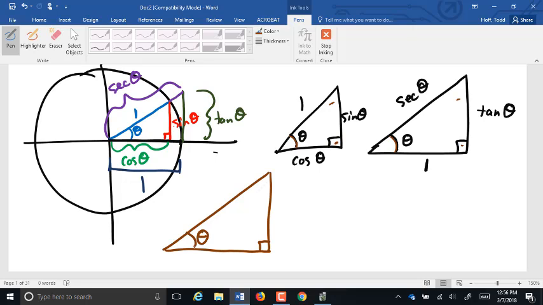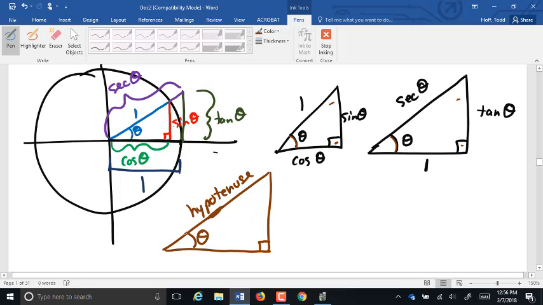Now, any triangle has 3 sides, but a right triangle has special names for them. This side up here is called what? Hypotenuse. The other 2 sides are called legs.